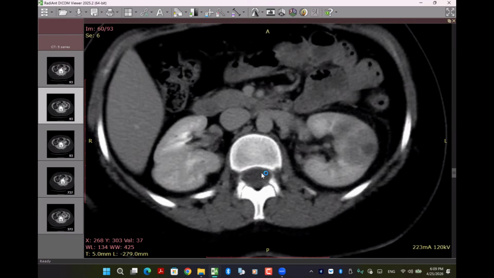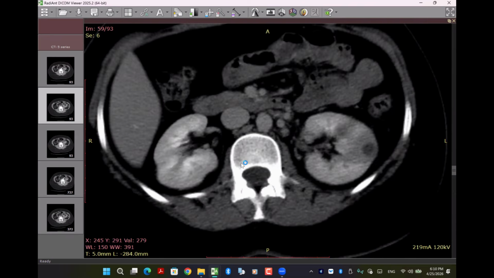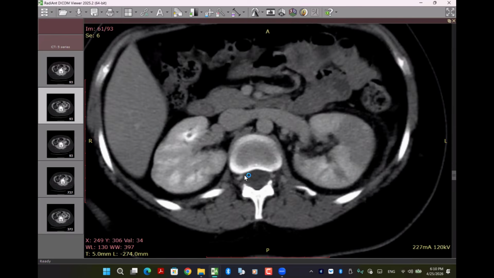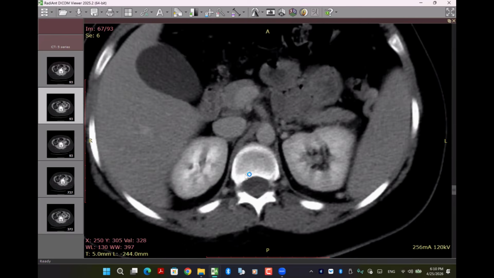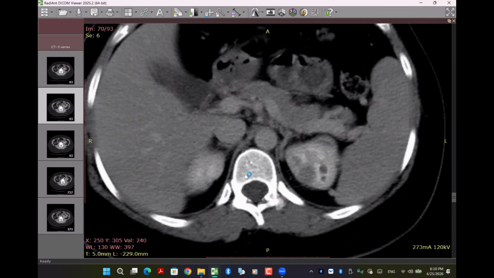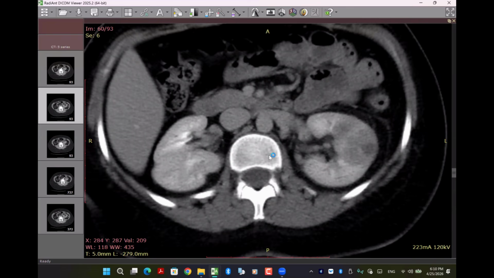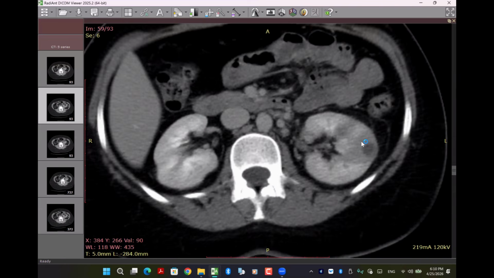The possibilities could be pyelonephritic foci of pyelonephritis. Another less likely differential could be renal infarcts, because we stated earlier in 3 or 4 cases before that there was a case of infarction without any perinephric affection.